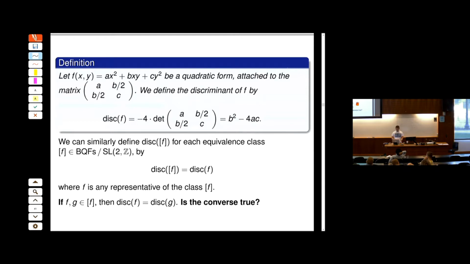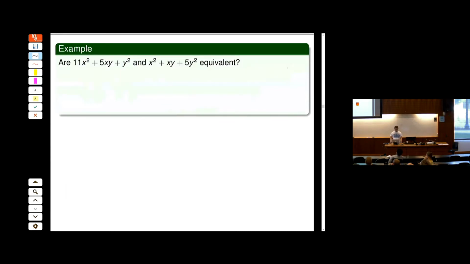But is the converse true? If they have the same discriminant, will they actually be in the same class, or are there forms with the same discriminant that are not in the same class? So, for instance, are these two forms equivalent?